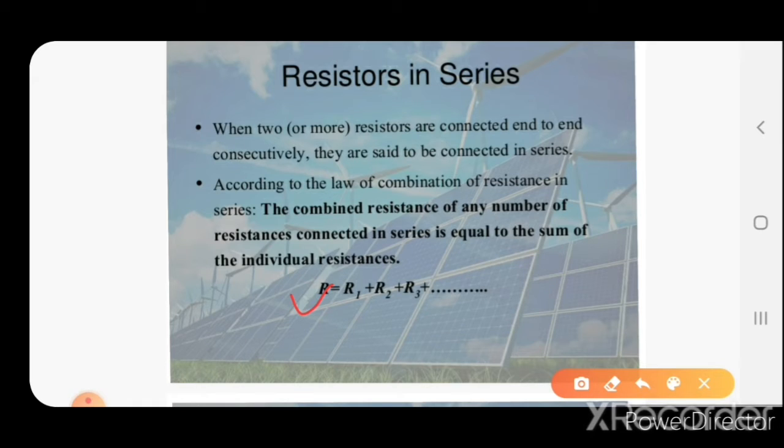So if capital R is the combined resistance in a system, then the combined resistance is equal to the sum of the individual resistances, that is R1 plus R2 plus R3 and so on, up to the number of resistances present.